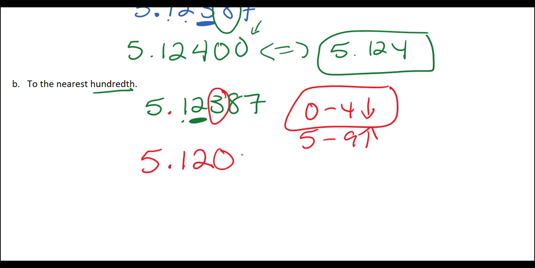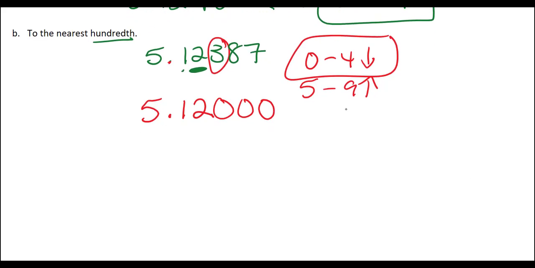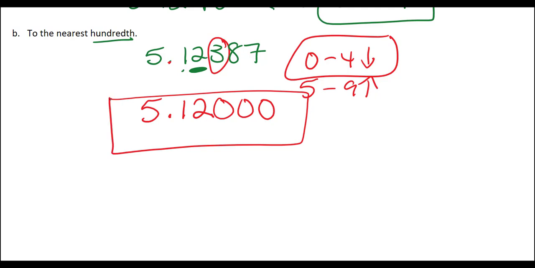Everything after the 2 becomes a 0. You can either write the whole answer with the zeros, or you can write 5.12. Those mean the same thing, because the trailing zeros are just zeros after any actual number, so you can just leave it as 5.12.